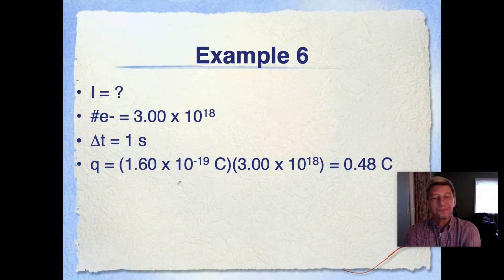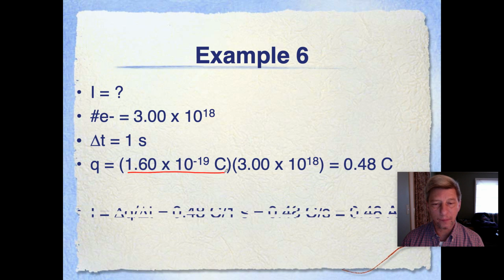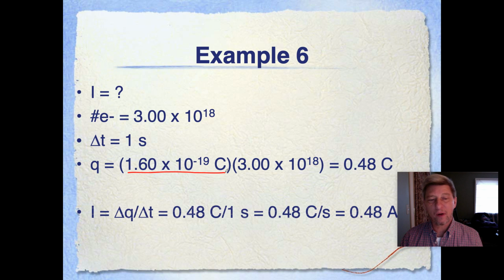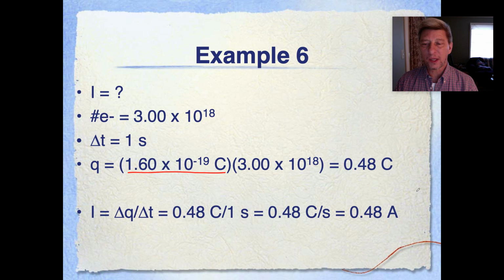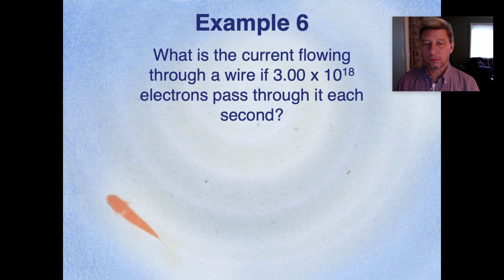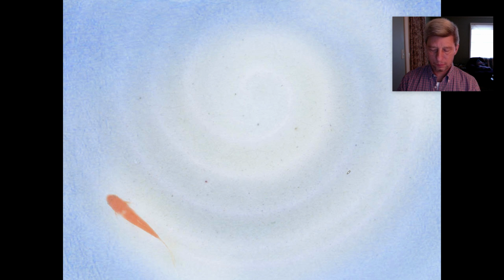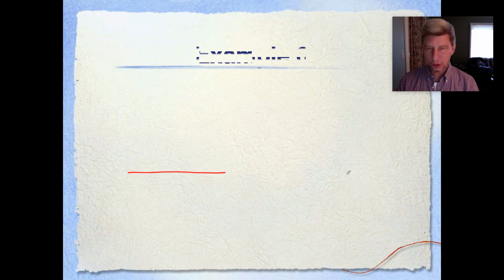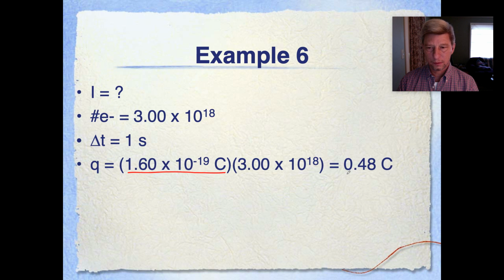The charge is therefore going to equal one elementary charge. That's this number, which we find on the front page of our reference tables, 1.60 times 10 to the negative 19th coulombs. And I multiply that by the number of electrons that I have, which is 3.00 times 10 to the 18th. And that gives me a total charge of 0.48 coulombs.